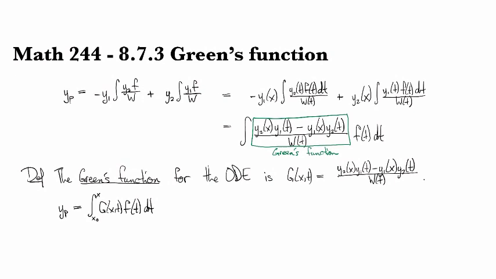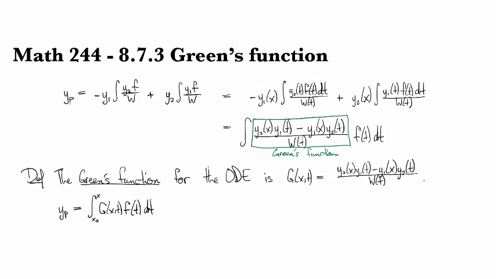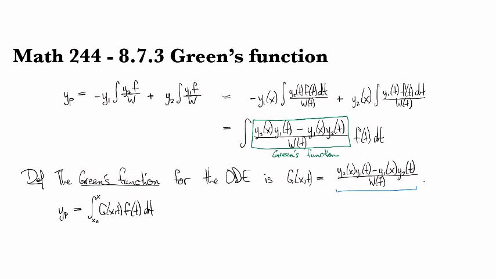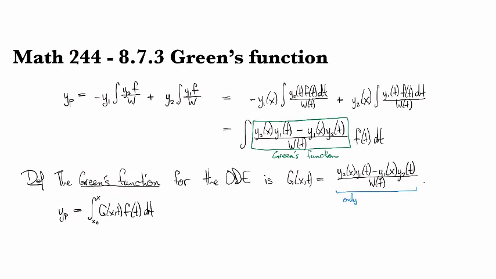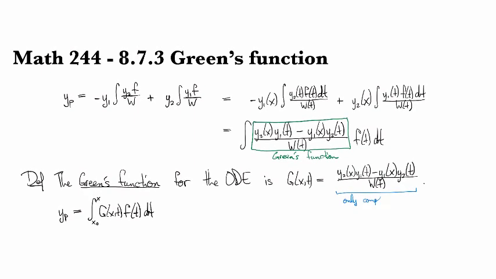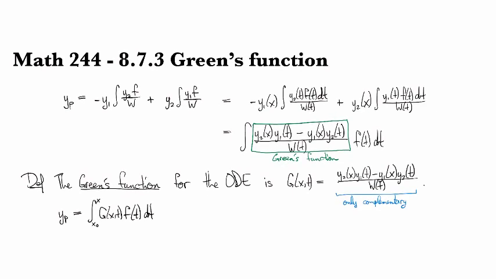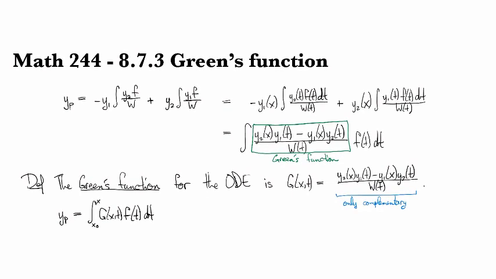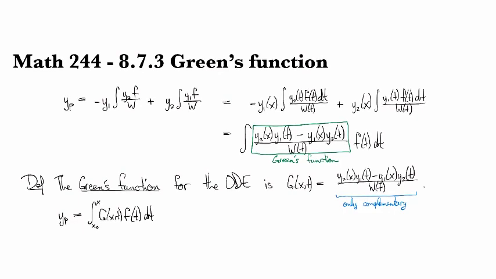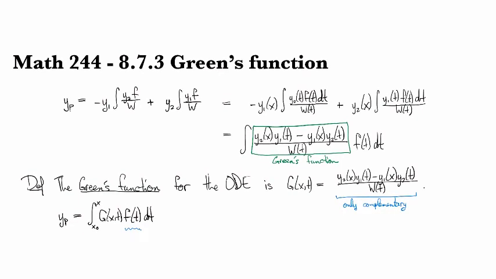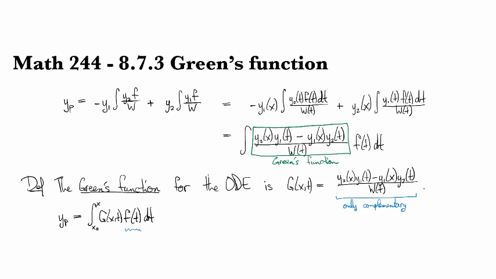And so it's interesting to notice that this whole thing in here is only data or information from the complementary solution. There's nothing about the forcing function. The forcing function only enters into it as the thing being integrated against.